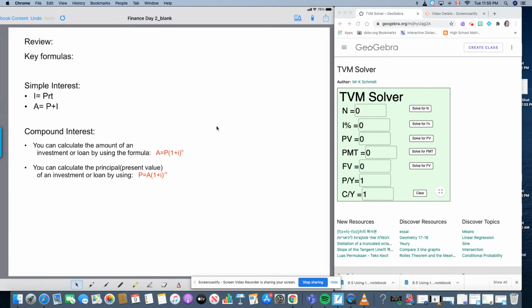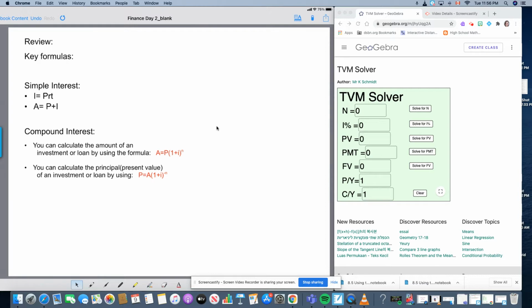So the compound interest is a little bit more complicated than the simple interest. What you are going to use for those formulas is: the total amount is equal to the principal times 1 plus the interest rate. And we'll get into that little interest symbol because it is a little bit different than what you were doing for simple interest, to the power of n.